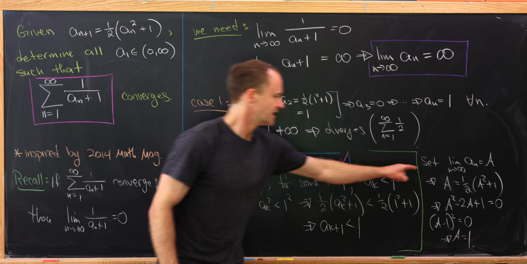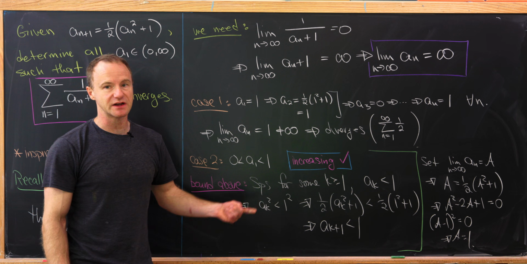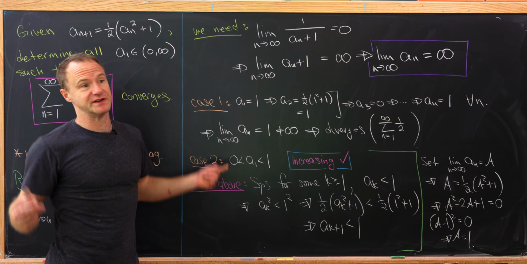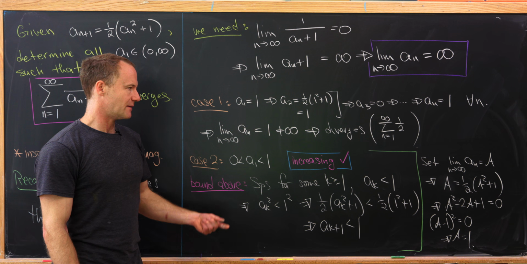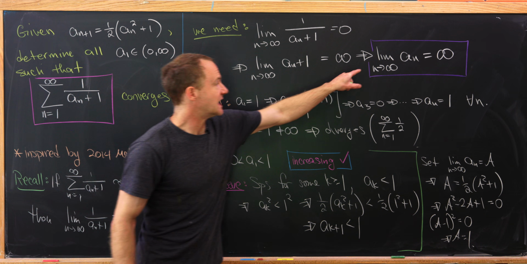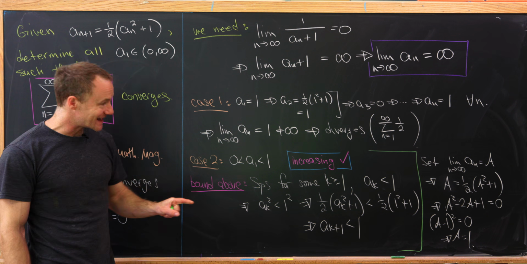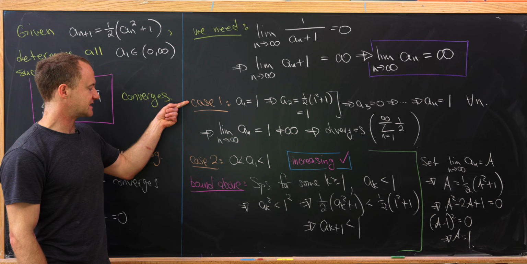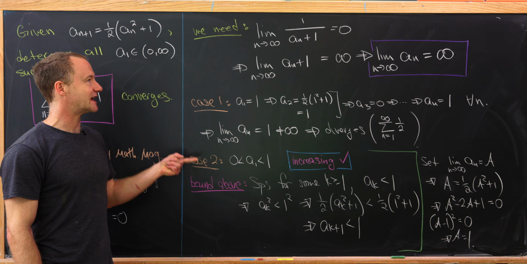But that tells us that the limit of our sequence is equal to 1, but that's not infinity, obviously. So that means that we have to have divergence here because an infinite limit here was a necessary condition for convergence. So that means we've got divergence in case 1 and case 2.